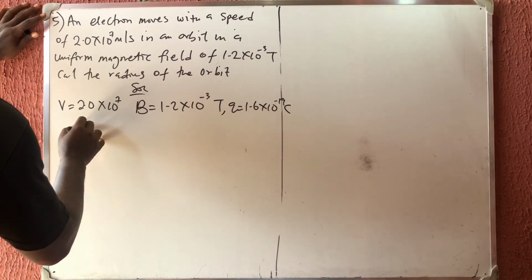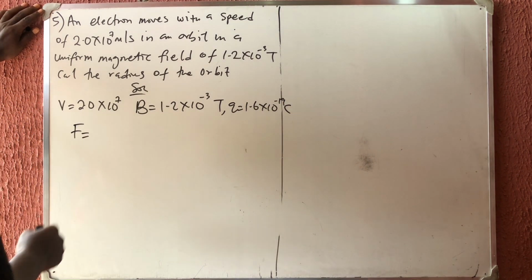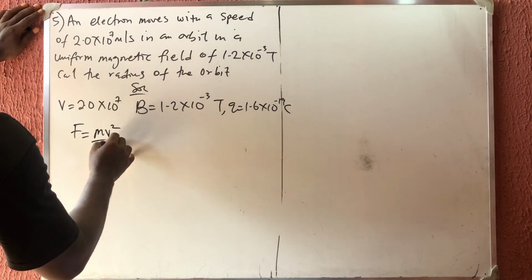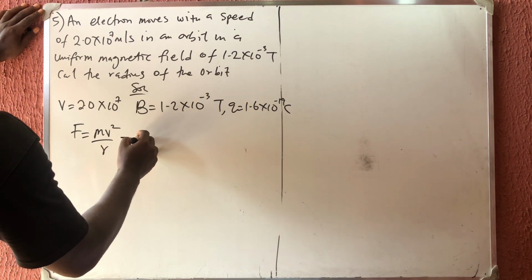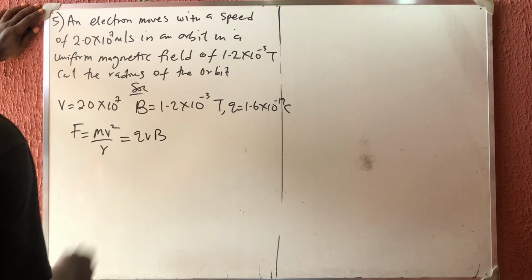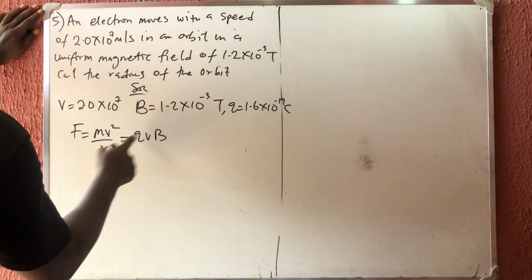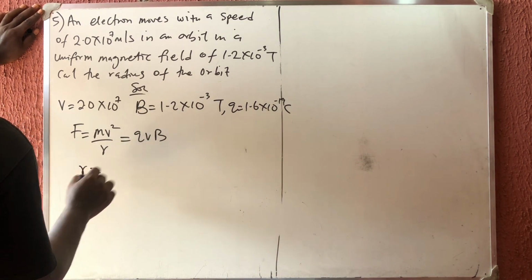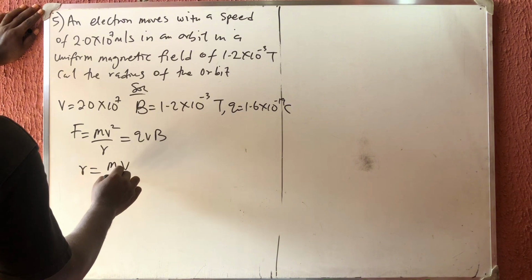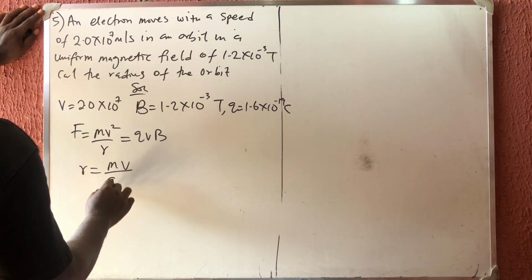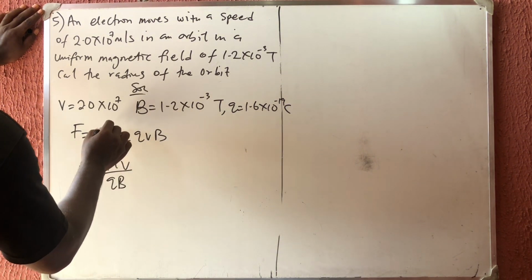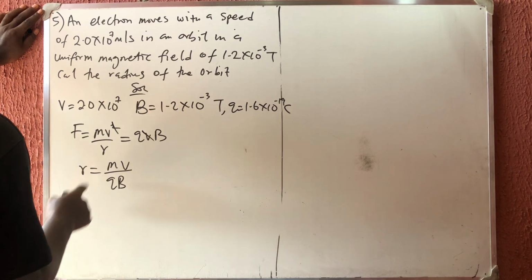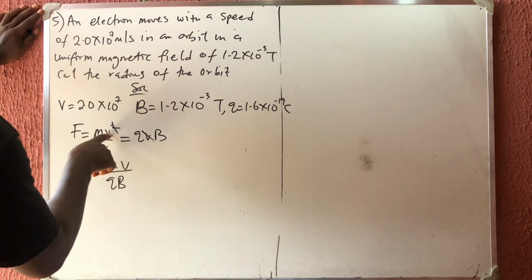We know that F is equal to mv squared over r, don't forget this, which is equal to QVB. If you make r the subject, r is going to be mv over QB, because one of the v's cancels.